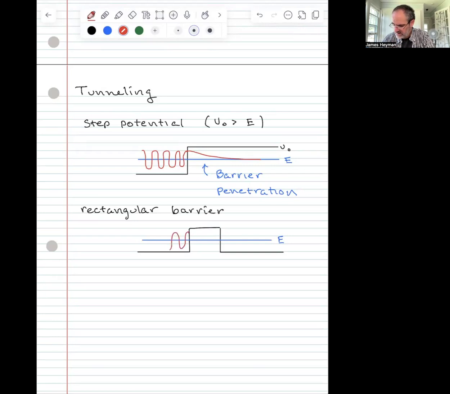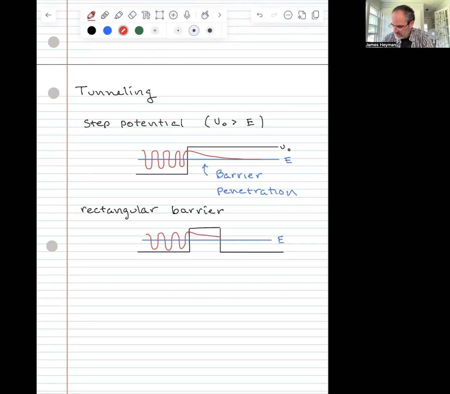To the left of the barrier, the incident particles and reflected particles are described by an oscillatory wave function. Within the barrier, we expect that the wave function will decay exponentially. But if the barrier has a finite thickness, it's not too thick, we just draw that again, the wave function will still be finite when we reach the right side of the barrier. There we are.